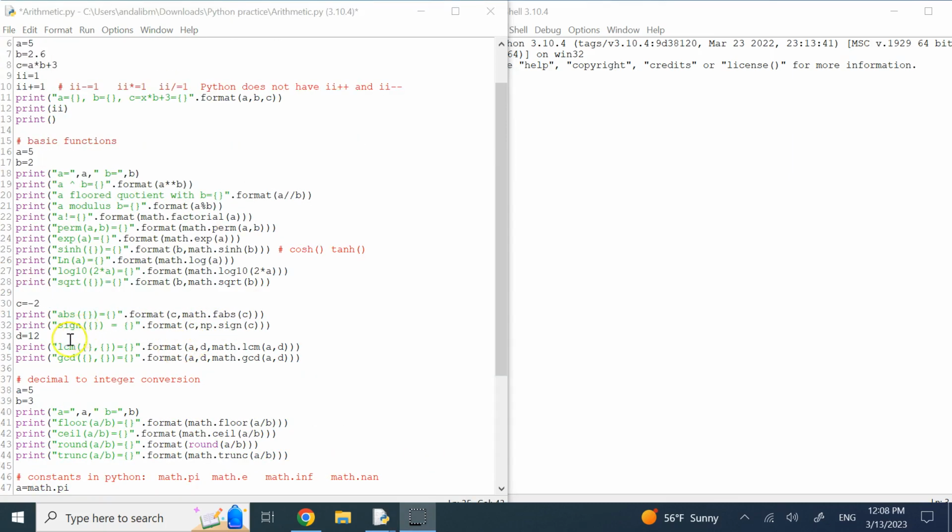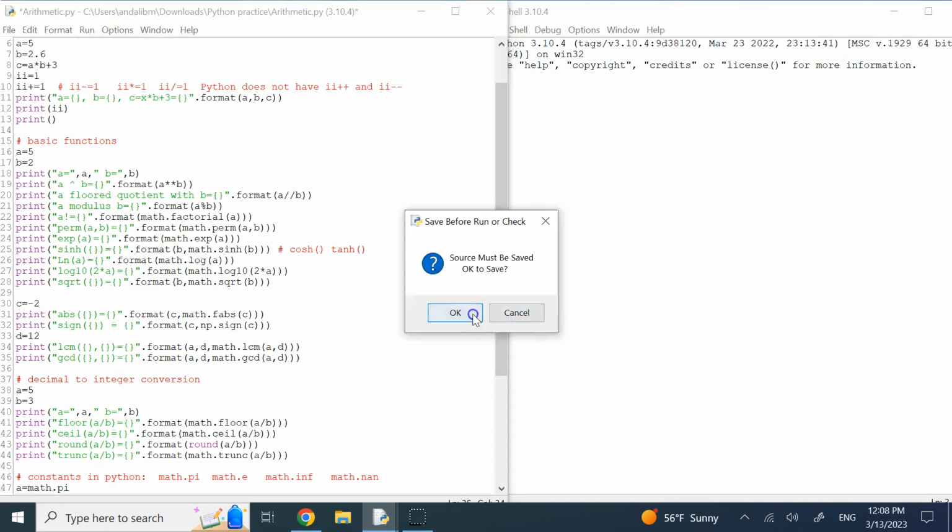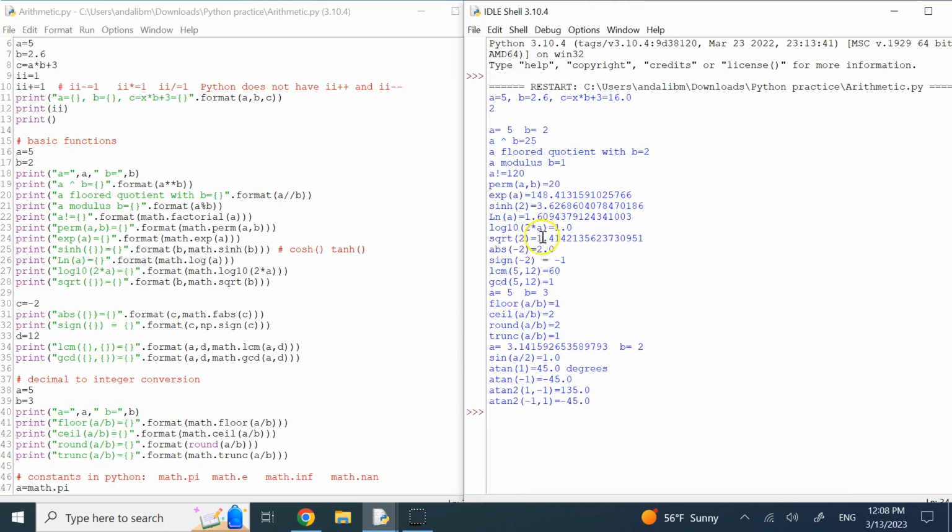The next two functions that are useful for integer numbers are LCM, which is least common multiple, and GCD, which is greatest common divisor. They also exist in the math module, and here we can apply them to the numbers 5 and 12, where one of them should be 60 and the other one should be 1. So let me go ahead and run that for you. You can see the results here. That's the LCM, and this is the GCD.